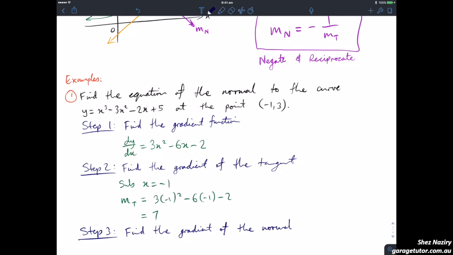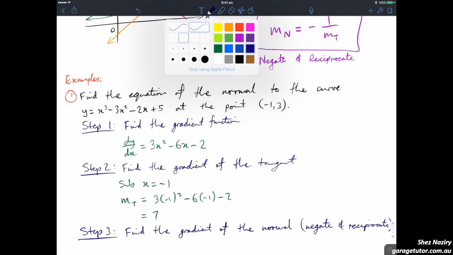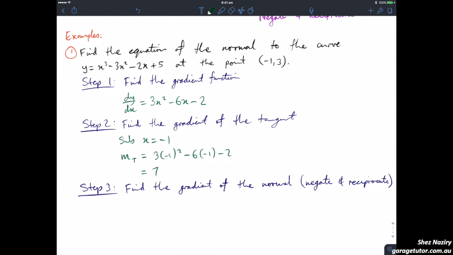So I can use negate, reciprocate. The normal is always perpendicular to the tangent. So that means the gradient of the normal is negate, and what's the reciprocal of 7, guys? 1 over 7. There you go. That's the gradient of the normal. It's that simple, guys. That's the only step you need to add in to find the equation of a normal.